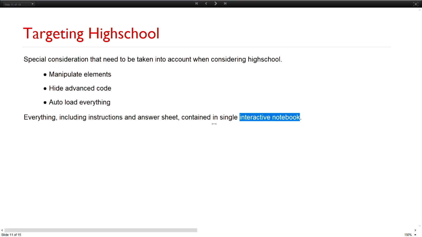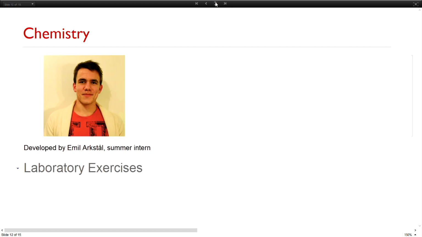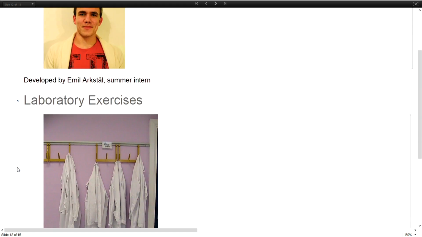So that was a virtual lab of sorts. When I think of laboratory exercises, I come from a different area, a biochemical engineering area. So when I think of laboratory exercises, I think of strapping on your lab coat and the rubber gloves and the pipette in hand, ready to explore the universe.